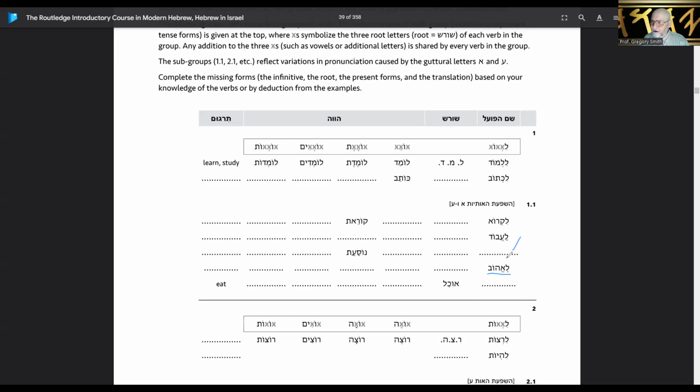Okay, yeah, I thought it comes from ahava, to love. Le'ehov. Okay, so it has to do with love. So it's going to be ahav is the root. You got an aleph, a hey, and a vet. Ahav is the root. Remember, the shoresh is the root.